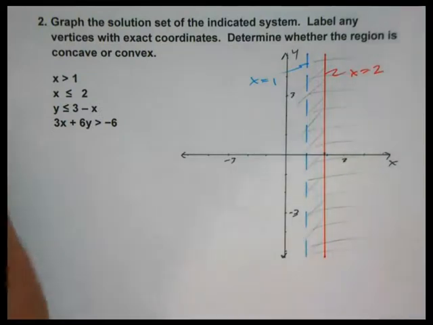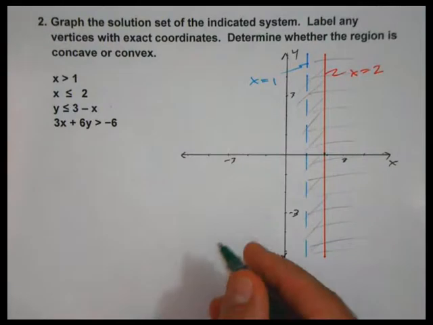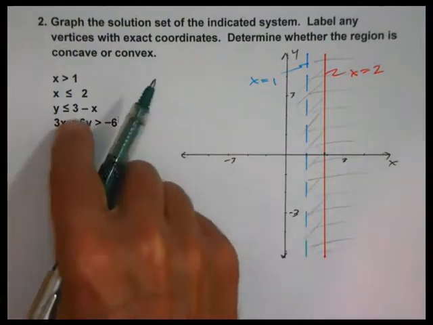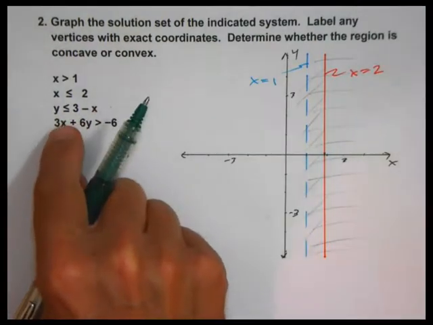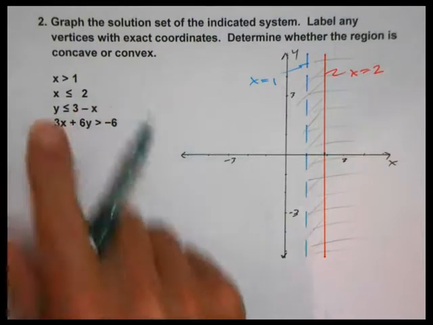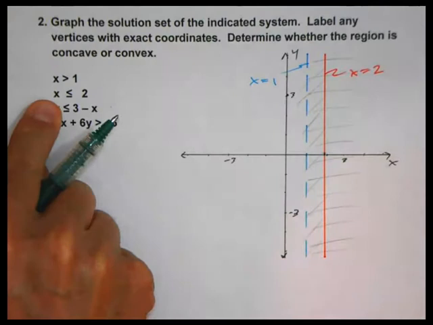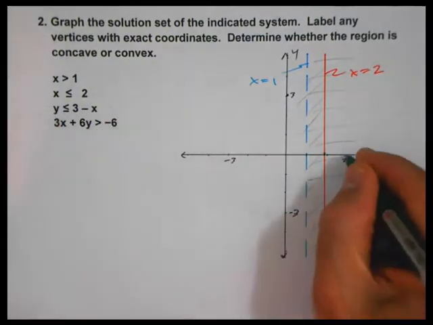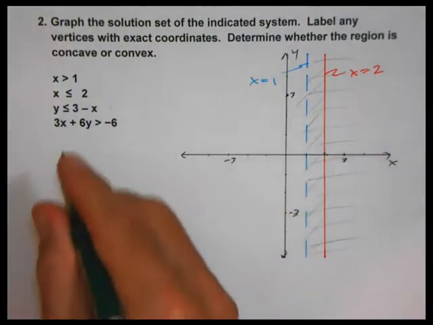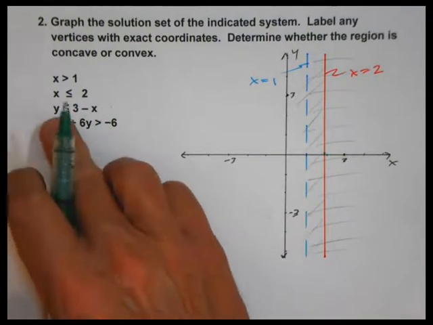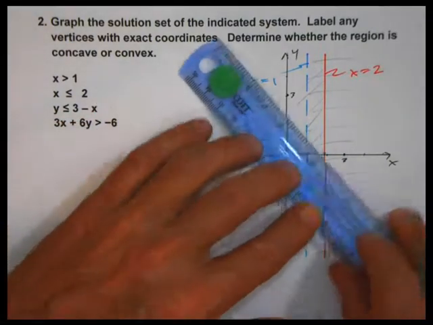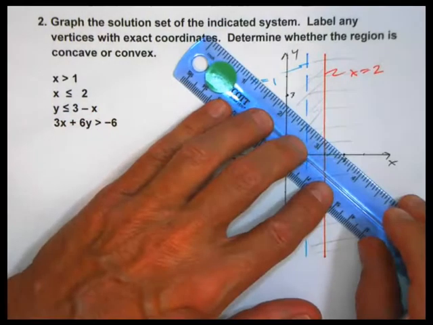Let's go to our third inequality. Third contrasting color. Let's graph the boundary line. If x is 0, y is 3. If y is 0, x is 3. This is an or equals to case, so we'll use a solid line for the boundary line.